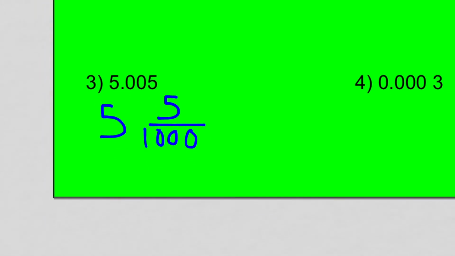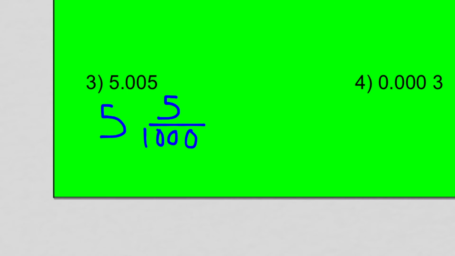The whole number is 5. In this case, there are 3 decimal spots, which means I need 3 zeros. 1, 2, 3, and a 1 in front. That's 5 and 5 over 1,000.